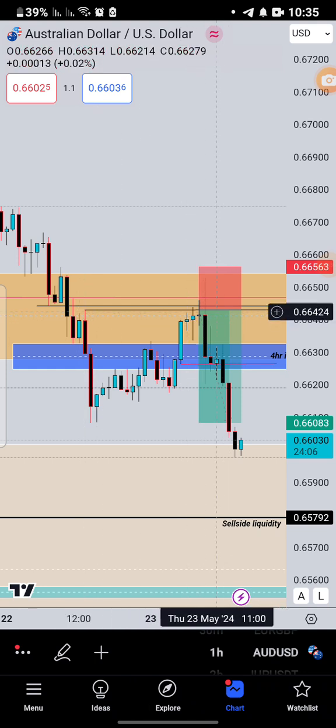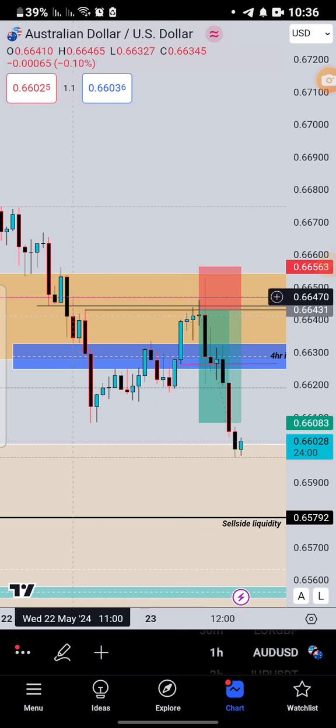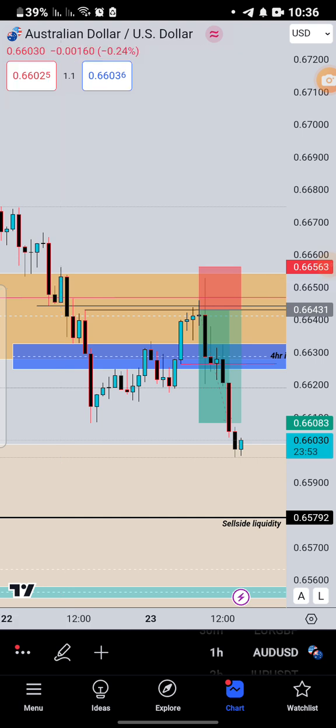I saw these candles were respecting the midpoint, so that added confluences. Also inside the 1 hour, we have a bearish order block, right? So with all those confluences, I now anticipate to see lower.